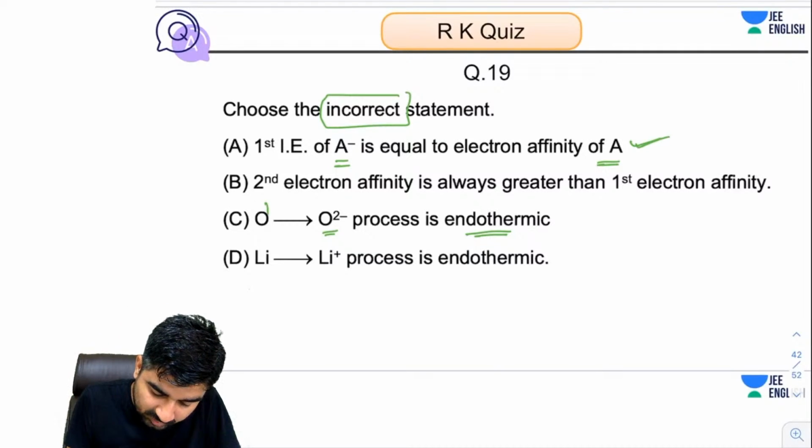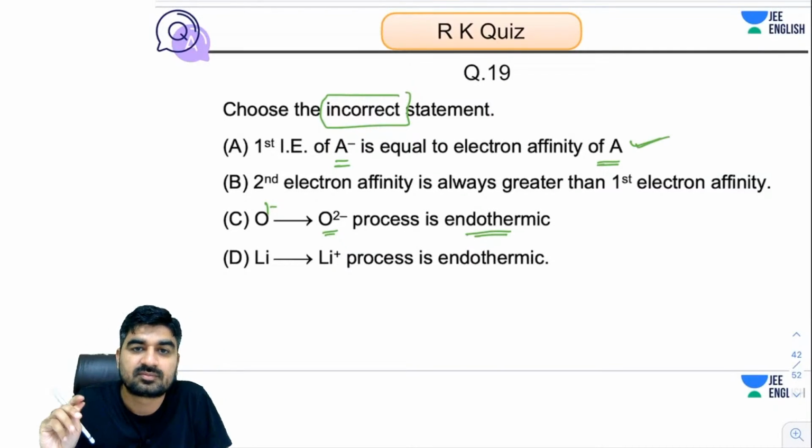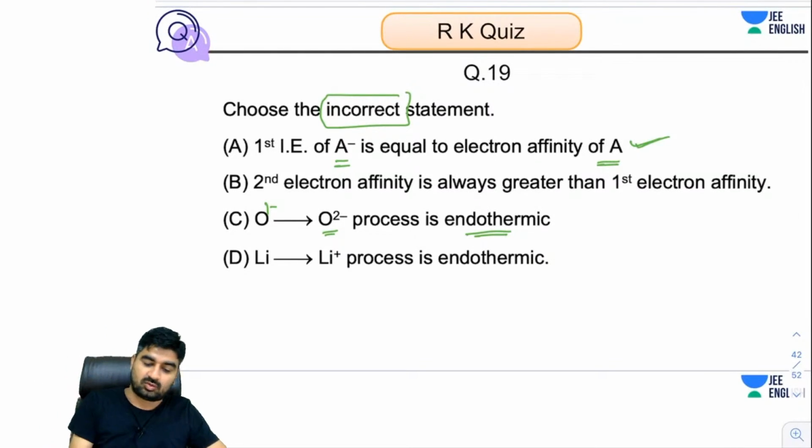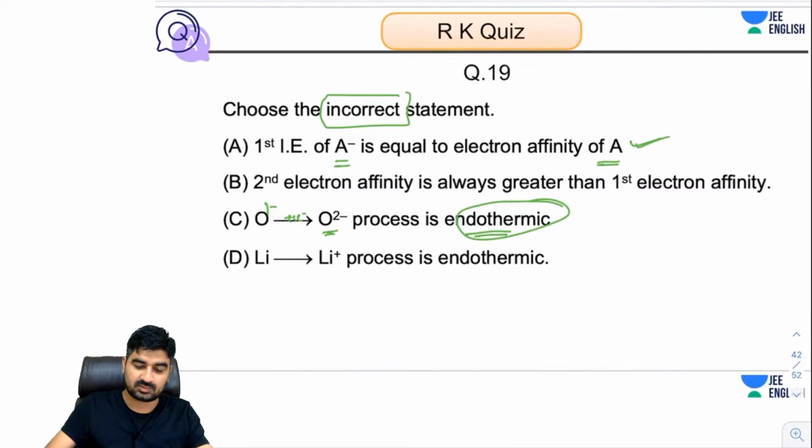Actually, here it should be O1 minus. Okay, just make it correct. O minus on absorbing one electron will become O2 minus. So in doing so, you have to provide extra energy. And when you are providing extra energy, the process will be endothermic. So it is also true.